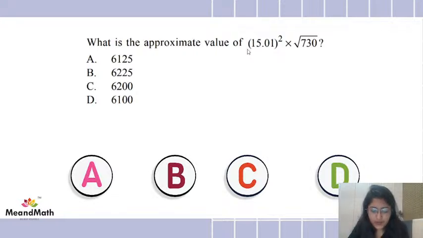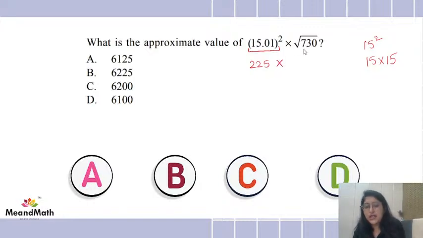What is the square of 15? 15 square means when we multiply 15 two times, what will you get? 15 times 15 is what, students? 225. Very good, Prachi. So you got 225.